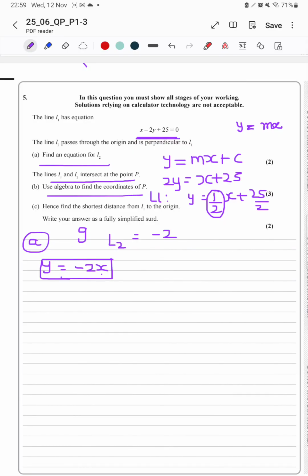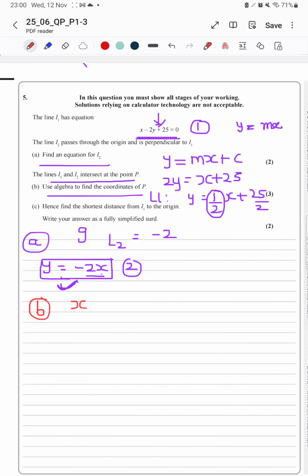So we have one equation, let's say this is equation 1, and the other equation, y equal to negative 2x, is equation 2. If they are intersecting, there will be common points. So let's compare their y coordinates. Or what I can do, I can take the value of y from equation 2 and substitute it in equation 1. This is for the B part, to find the coordinates.